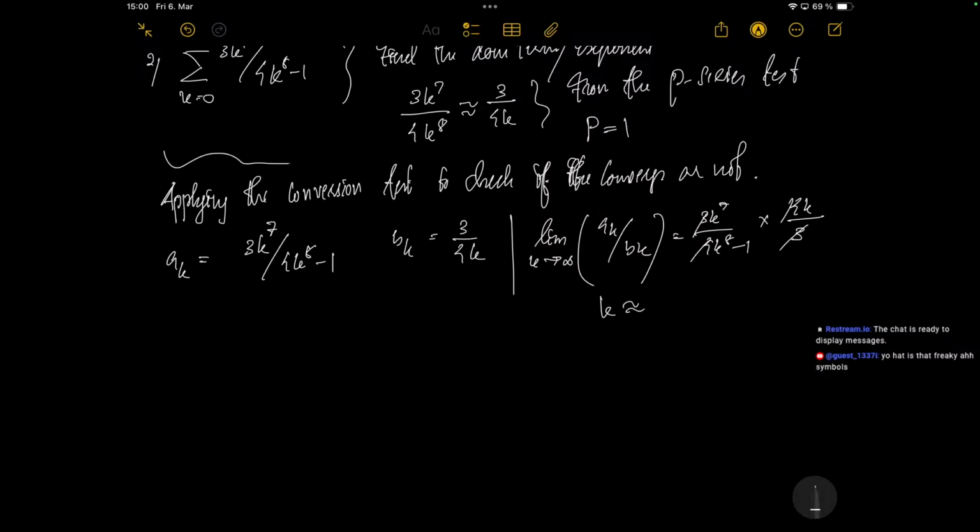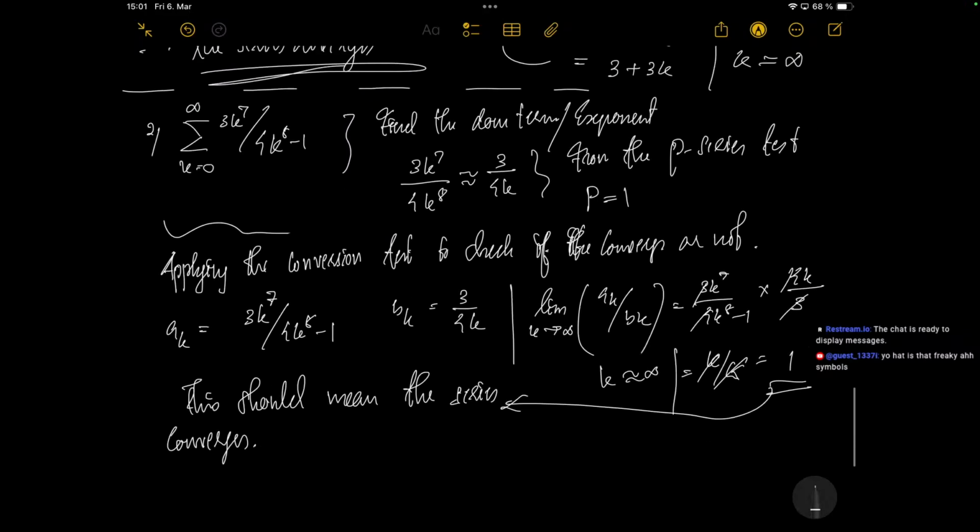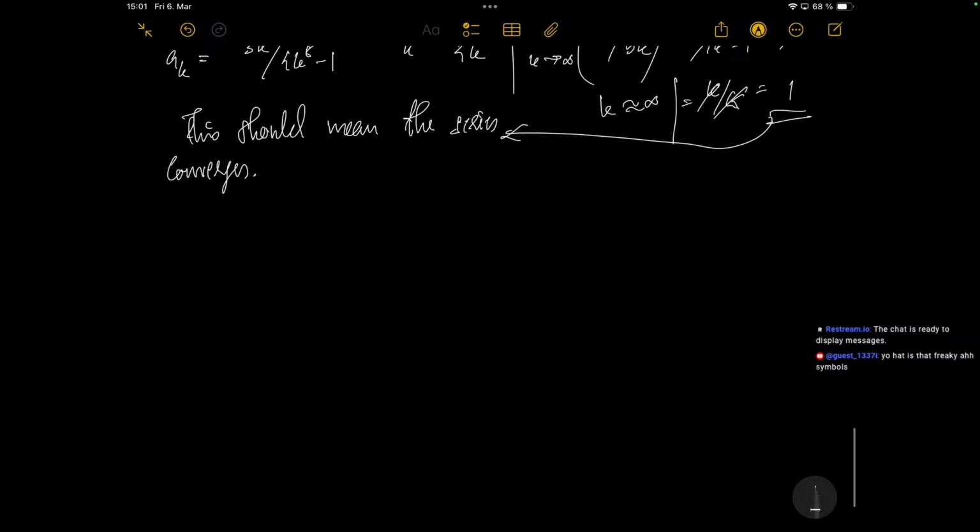K infinity. So we got k by k equals 1. So we got 1 this time. This should mean the series converges. Okay, I'll do the third one later.